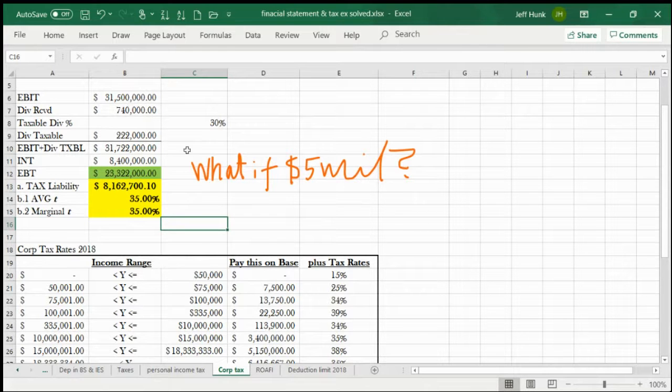I made a slight change to column B. I had it over columns B and C, but I combined taxable dividend into column B, so that EBIT and taxable dividend would all be in a single column.